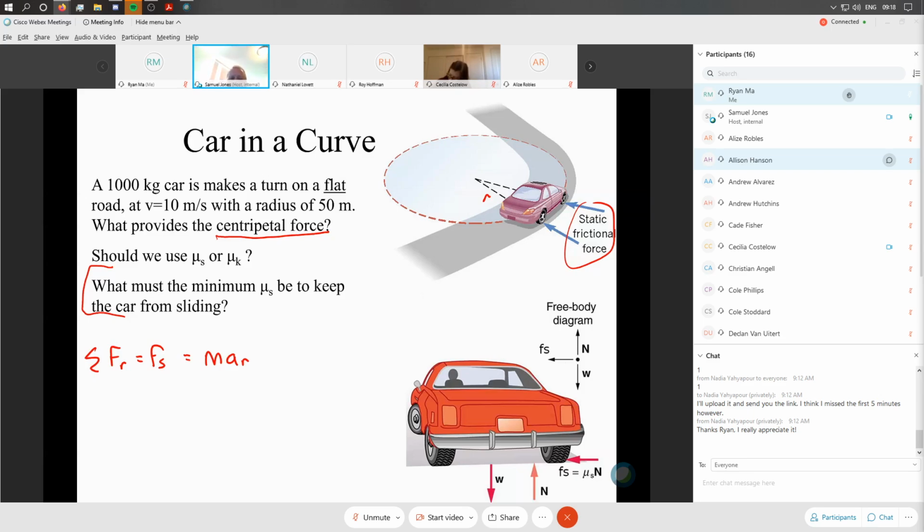So we need to expand it a little bit. But this is my equation. Now, what do I want to use for Fs? What's the actual force of static friction for a problem like this? What's the equation we learned for force of static friction?